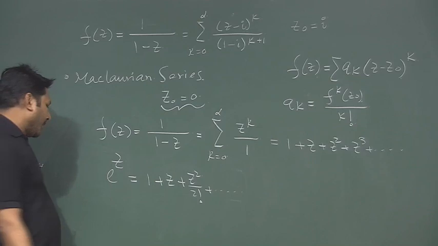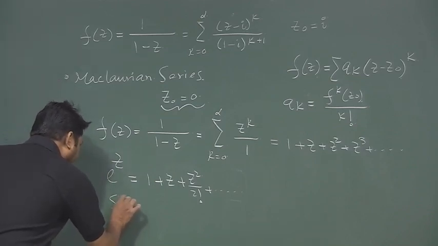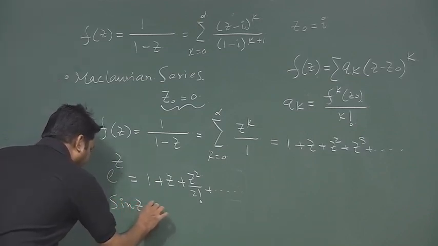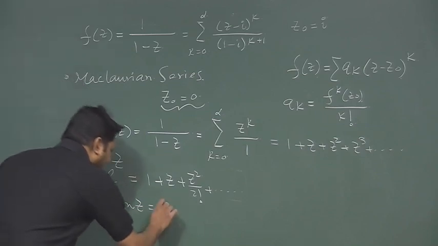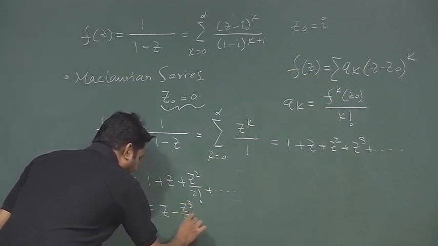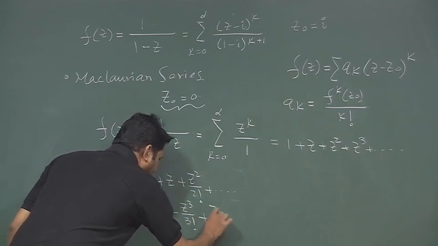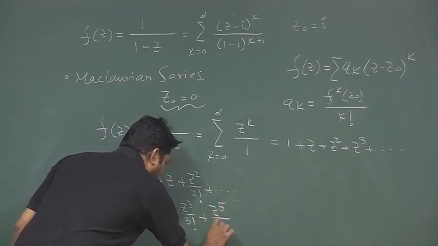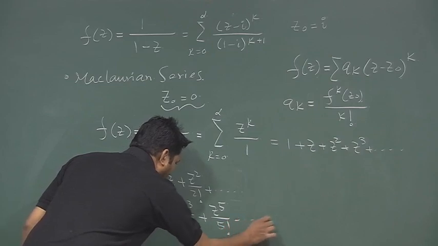In the same way I can expand sine of z, which is z minus z cubed divided by factorial 3 plus z to the power 5 divided by factorial 5 and so on.